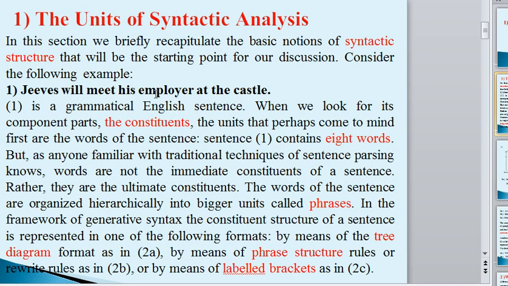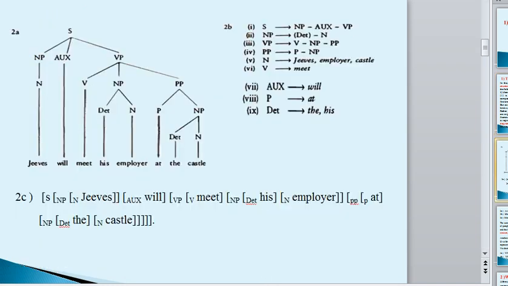In the framework of generative syntax, the constituent structure of a sentence is represented in one of the following formats. If I ask you to represent the phrases in this sentence, you can use these 3 formats. First of all, tree diagram. The second, phrase structure or rewriting rules, and the third one, labeled bracketing.